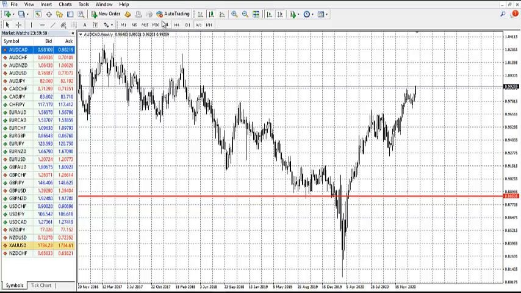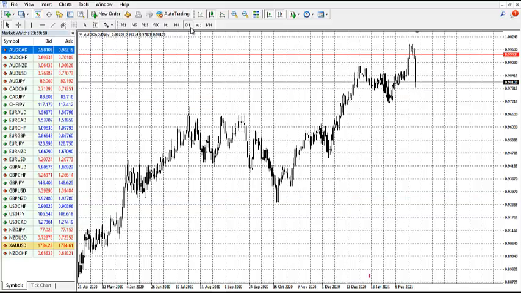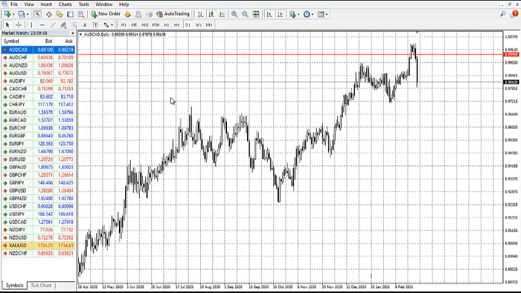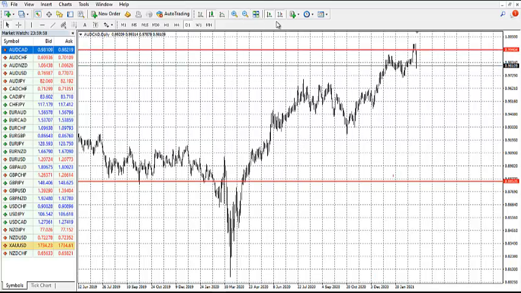From our weekly chart, you can see that the market is tending to a strong resistance, which means we should be expecting a further downward movement on this pair.